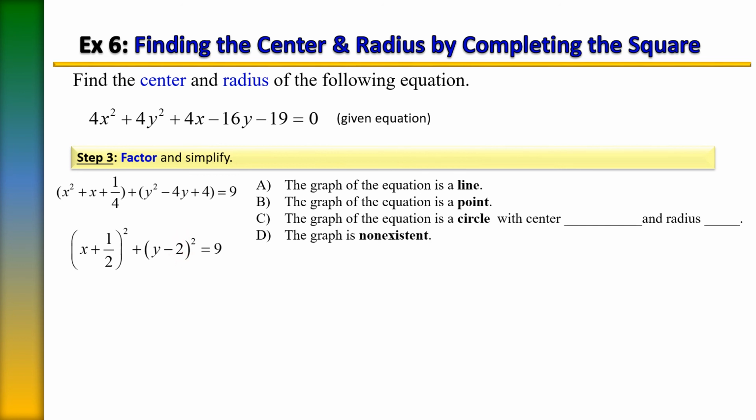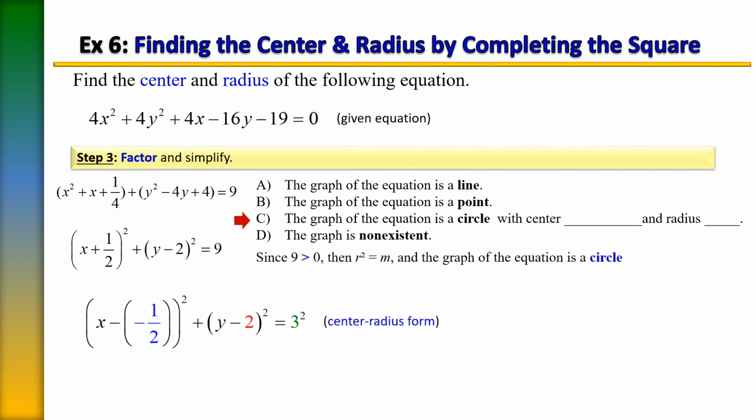So the center is located at -1/2, comma 2, and our radius, the square root of 9 is 3, so we have a radius of 3. Yes, this is an equation of a circle, again, with center -1/2, comma 2, radius of 3.